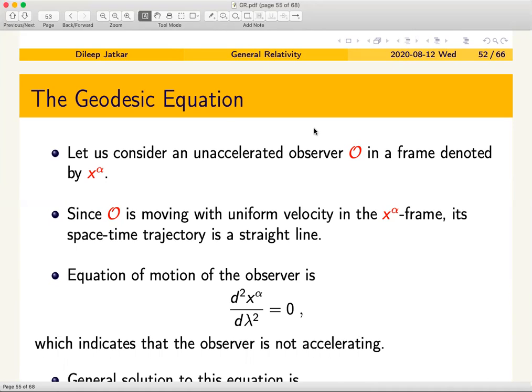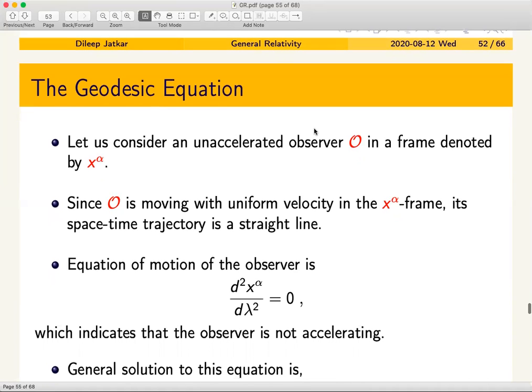Within this frame, this observer is what you would call an inertial observer. Since it's an inertial observer, it will be moving with a uniform velocity in the frame x alpha. Remember, in an arbitrary frame it would be accelerating, but with O an unaccelerated observer in the frame x alpha, it would be moving with uniform velocity.